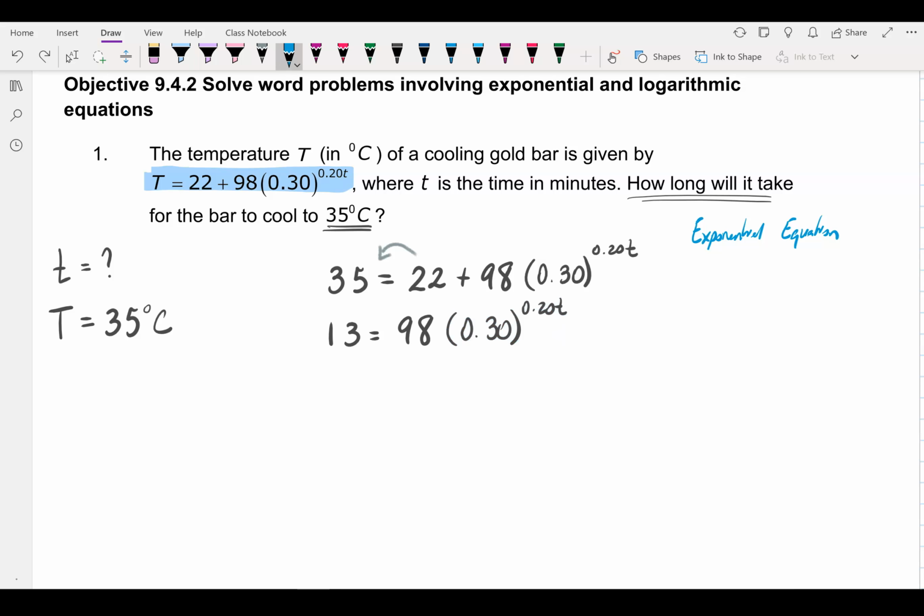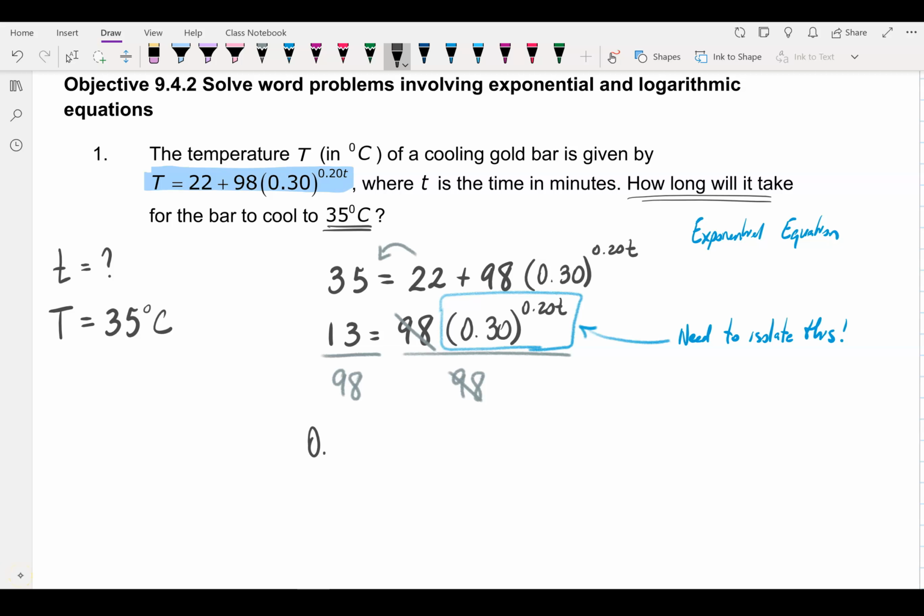So let me make that clear. We need to isolate this without the 98. So divide both sides by 98. What that gives us is 0.1327 on the left. And on the right side, nothing really changed.